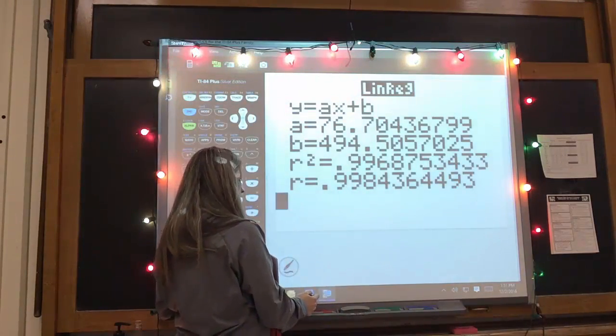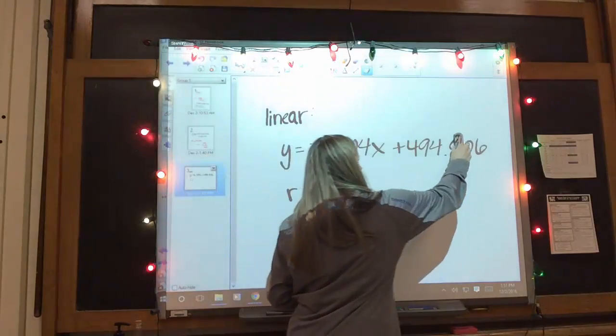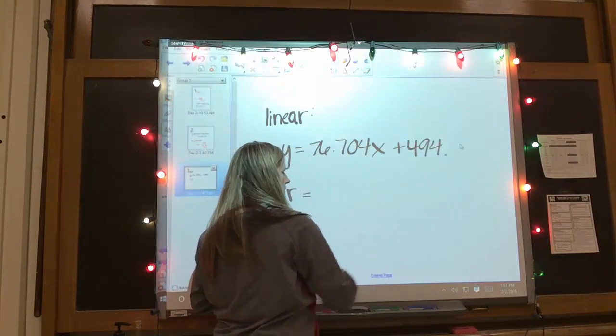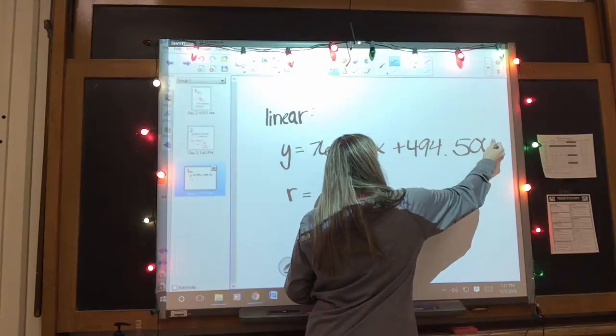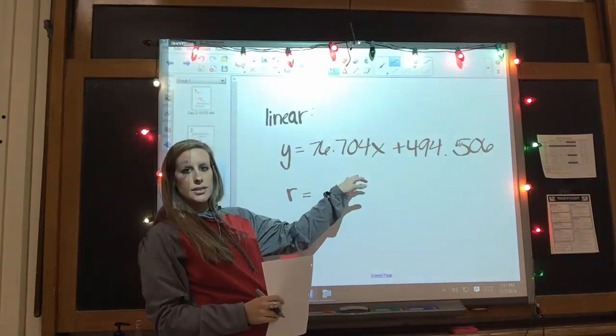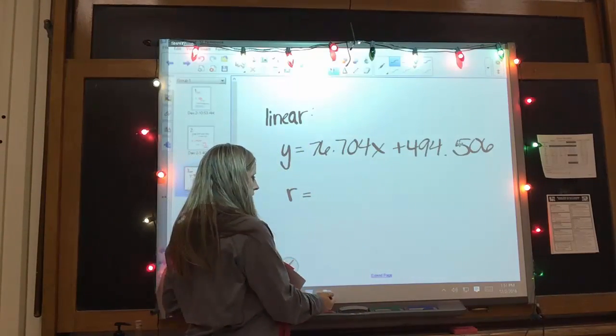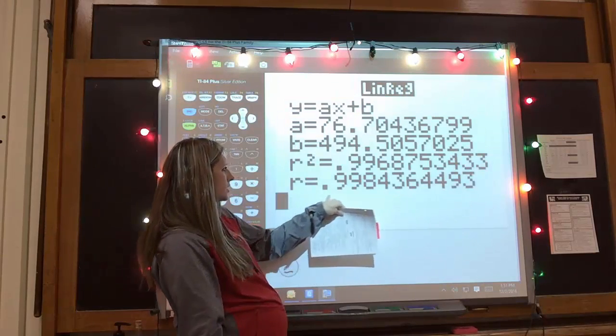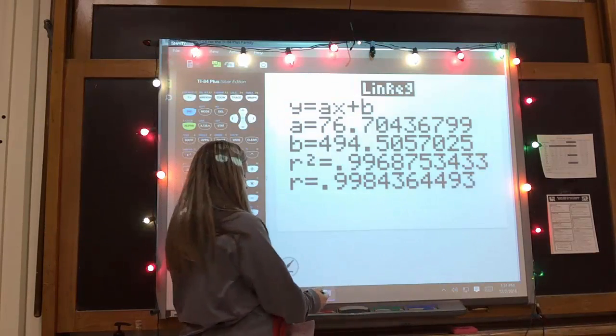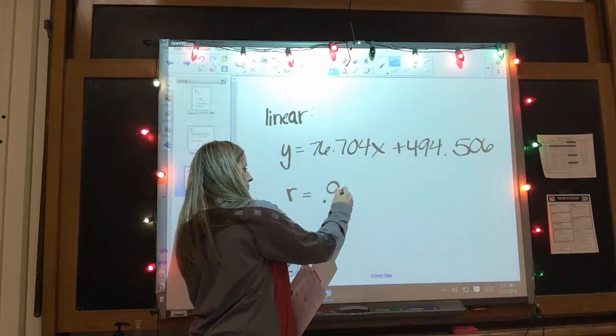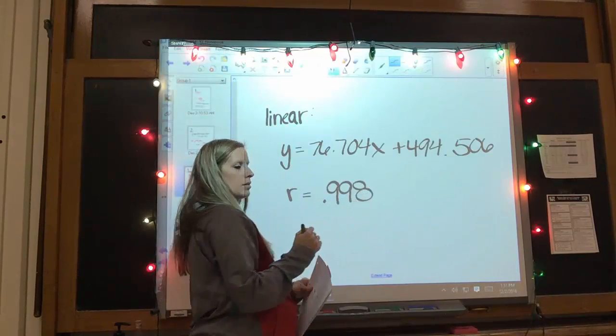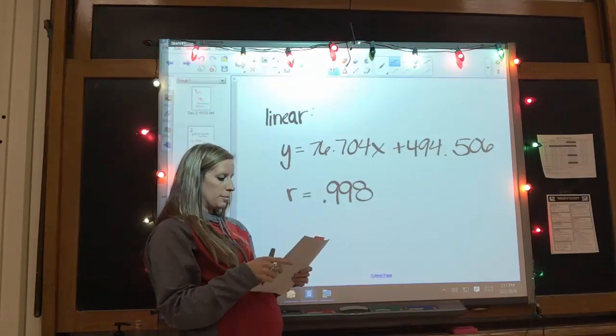Oh, 506, I'm sorry. Okay, so I want to see the equation. I want you to tell me what the correlation coefficient is. So here it's 0.998. Okay, so that's one part of the problem.